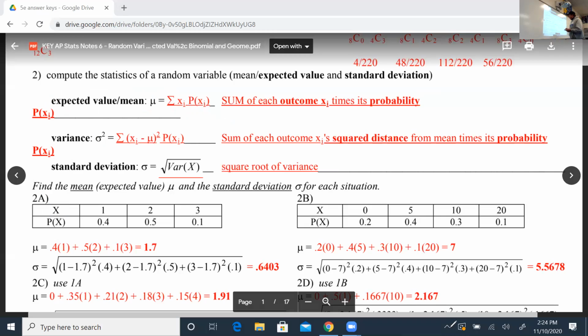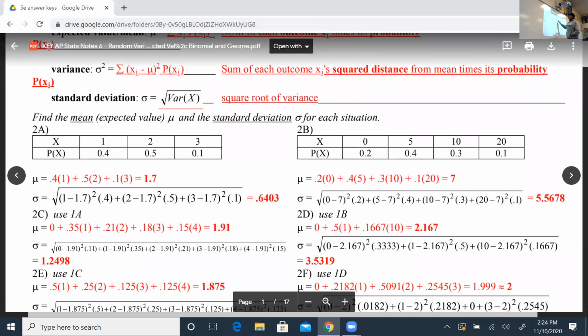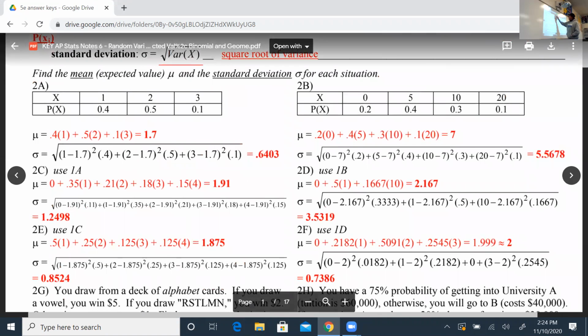For the mean for 2A and 2B, let me slide this up so you guys can see it pretty well. The work will be done for you, and I'll just talk you through it. We're on 2A, so let me draw this out so you can see what to focus on. There's a lot there.